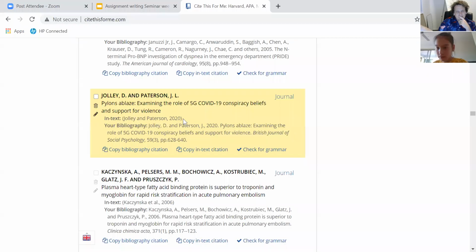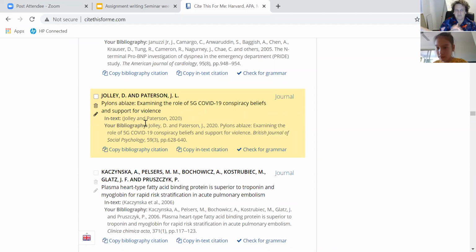When we want to use the information in text, we just copy and paste that. So, does everyone think this might save them a bit of time later on? Instead of having to build every single one of these by hand, just use this tool. It's not against academic integrity.